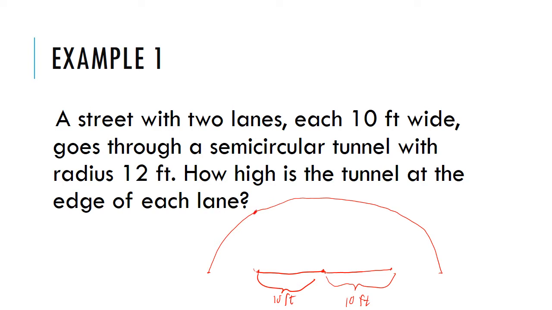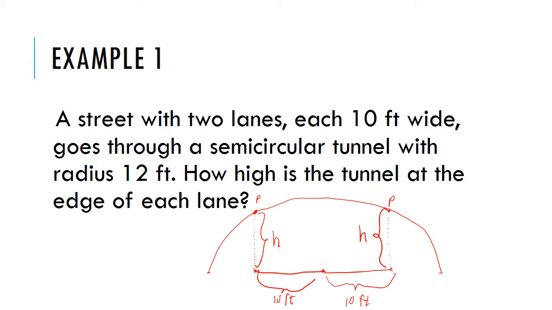How high is the tunnel, which is here, if I define a point P, which is exactly nasa tapat ng lane, or exactly opposite the ends of the 10 feet lane. What we are looking for is how high is this. This is what we are trying to solve.